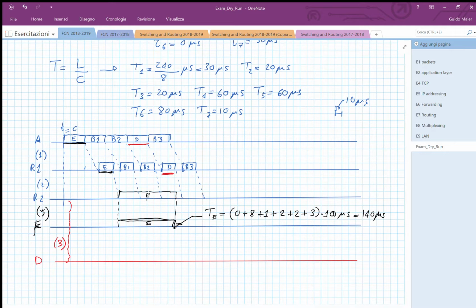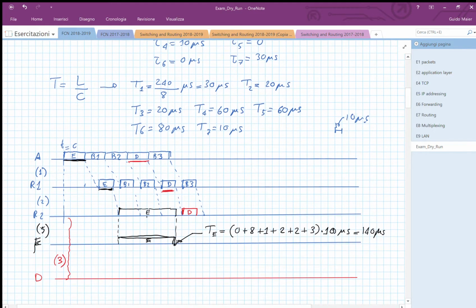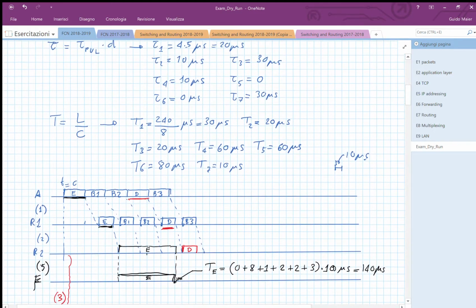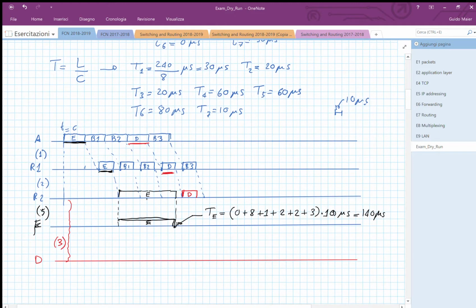On link number 3, the transmission time is 20 microseconds. This is D. And the propagation delay is 30 microseconds. So D is transmitted here, and it will be received in D in this moment.